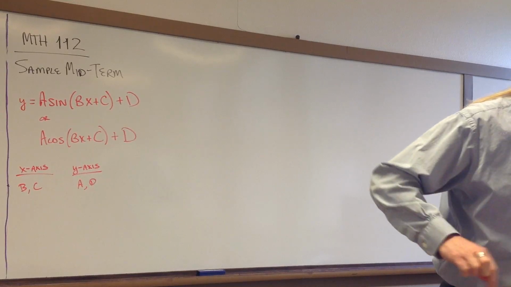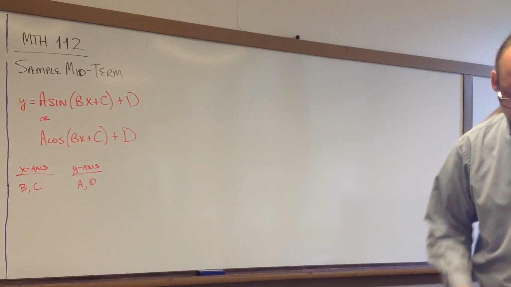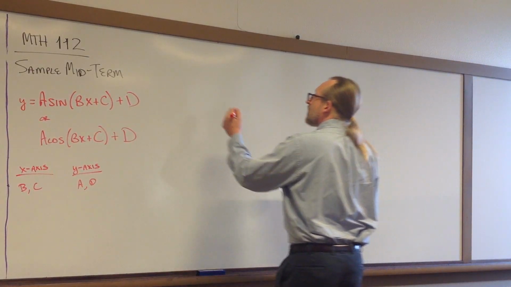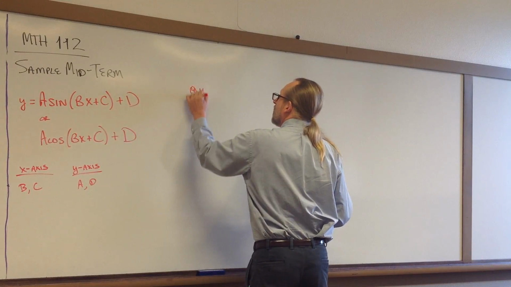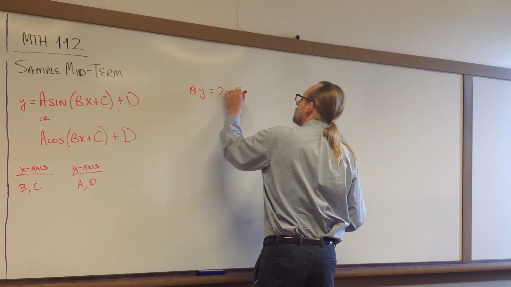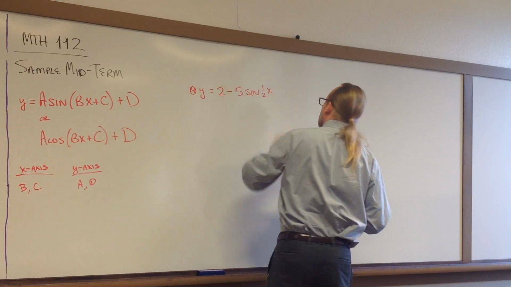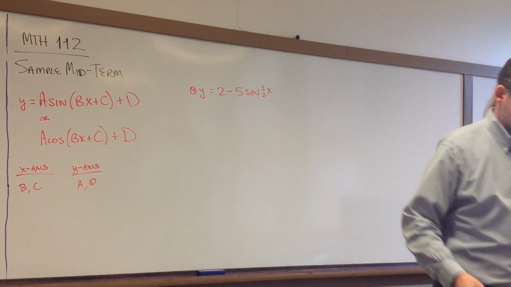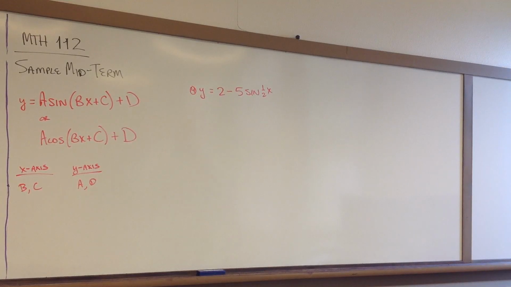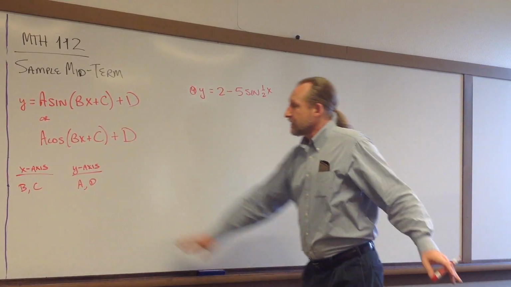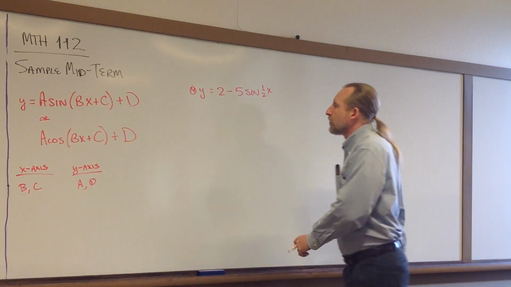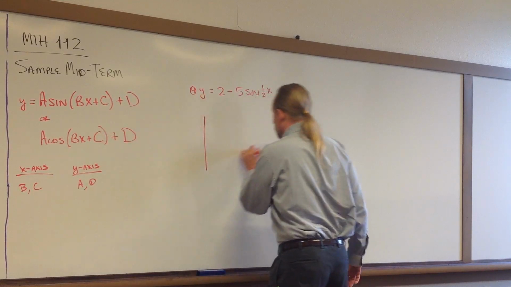Problem 4. Y equals 2 minus 5 sine a half x. All right. So I'll start with the y-axis because that's usually the more straightforward piece of this problem.